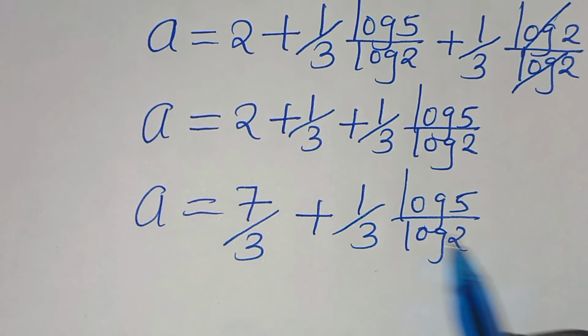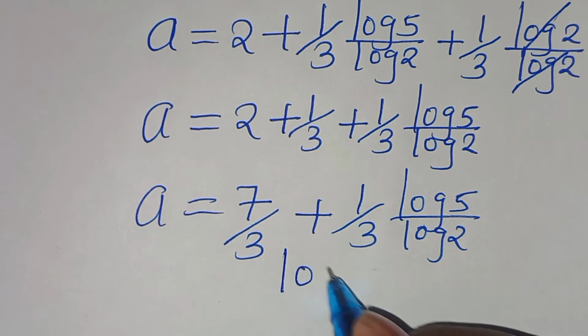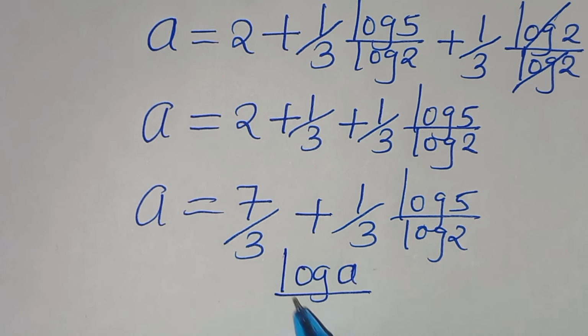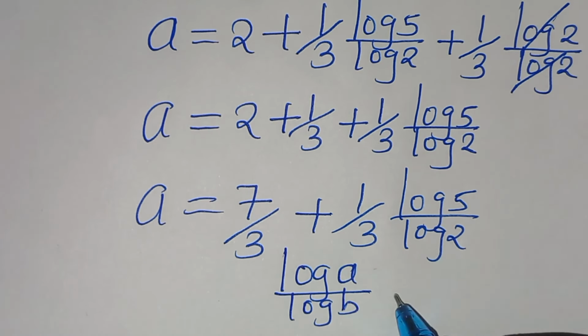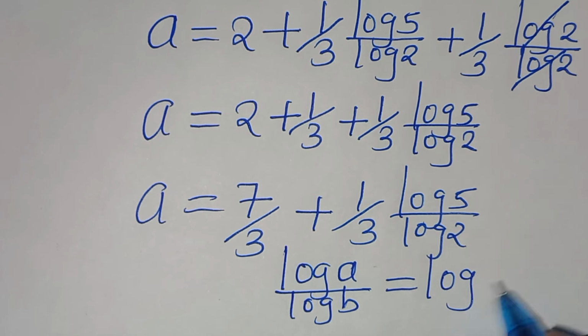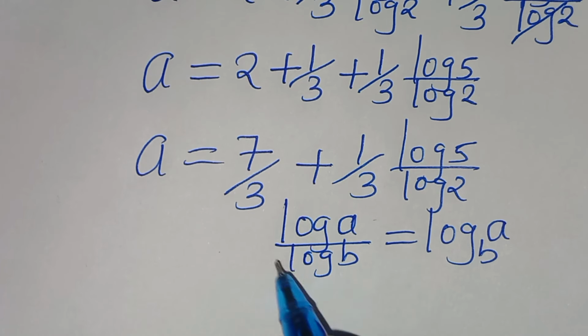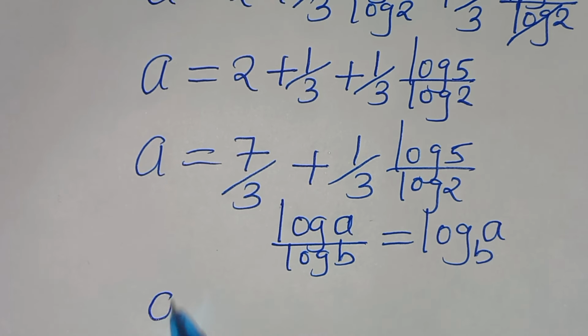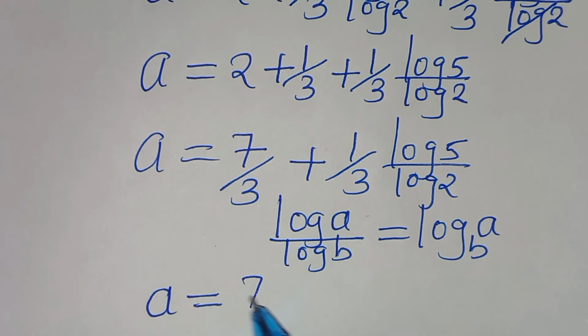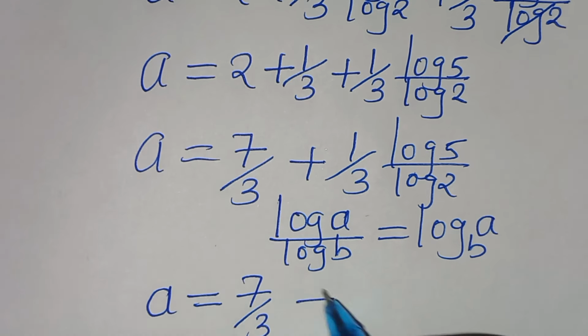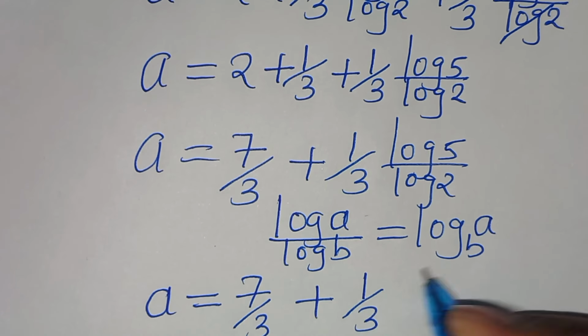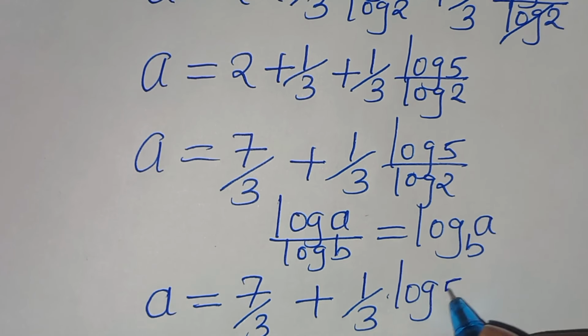Now log 5 over log 2 is in the form of log A over log B, which can be expressed as log A to base B. Applying this logarithm property, we have that A is equal to 7 over 3 plus 1 over 3 log 5 to base 2.